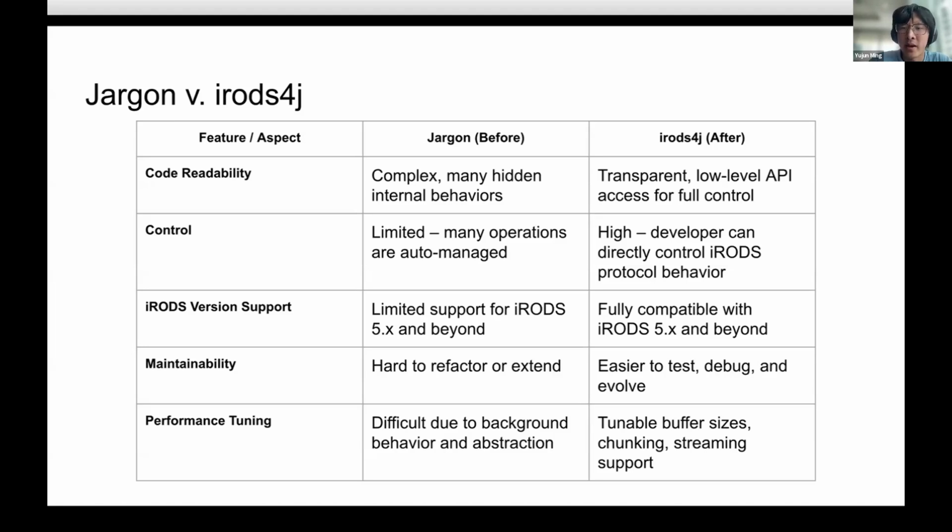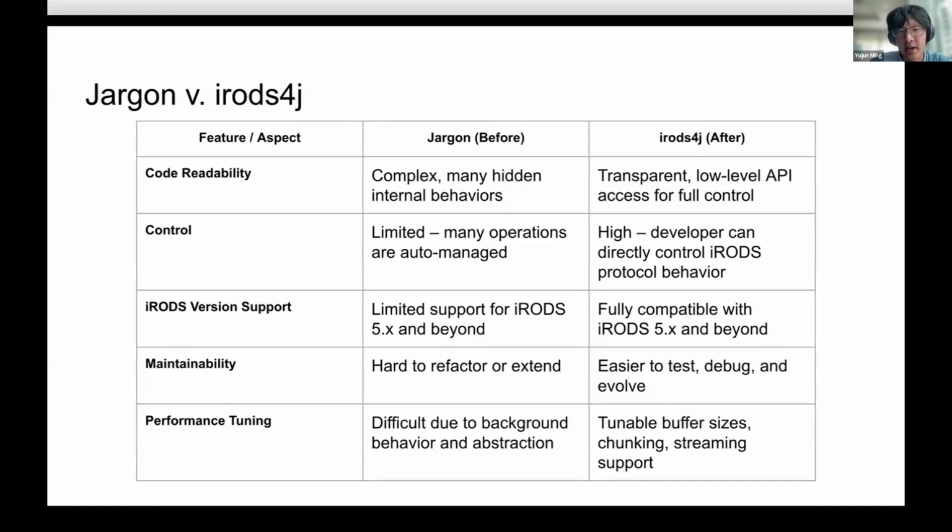It's a low-level API, pretty fundamental, which means we have full control of every activity. The control we have over Jargon is pretty limited, and many operations are auto-managed. With irods4j, control is pretty high. The developers can directly control iRODS protocol behavior. We can decide what we want to do.